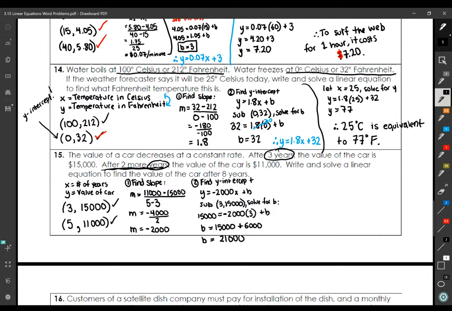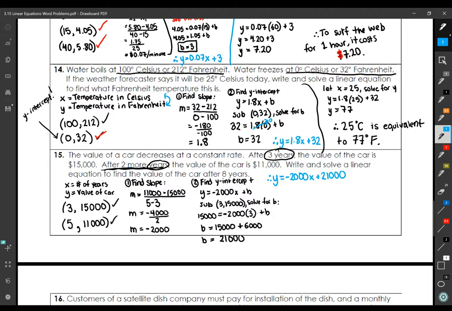Okay, so this means that my final equation will be y is equal to negative 2,000 times x plus 21,000. Okay, there's my initial value of the car is 21,000.